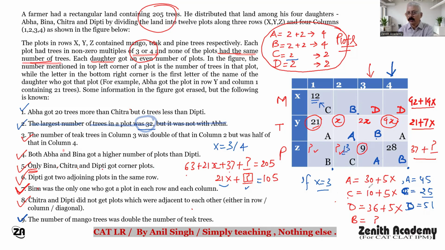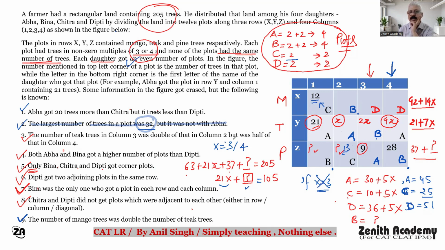On putting x is equal to 3, c is going to be 25, then it is given 12, so it should be 13. But the number of trees must be a multiple of 3 or 4. So I think it is clear कि 3 लेने से यहाँ पे 13 आएगा. So it means this is not possible.